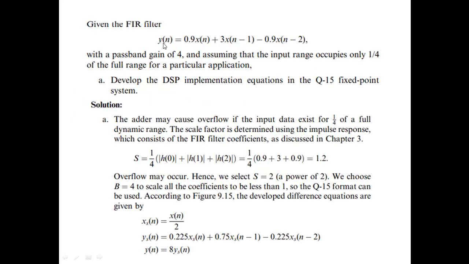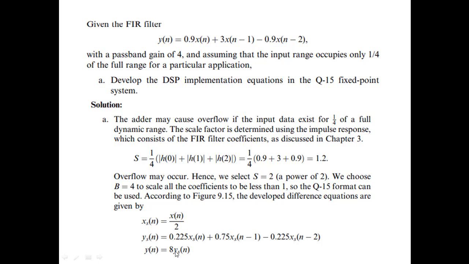Now ys of n is basically y of n, so we have to check this: 0.225 times xs of n, the scaled version of the input, plus 0.75 times xs of n minus 1, minus 0.225 times xs of n minus 2.